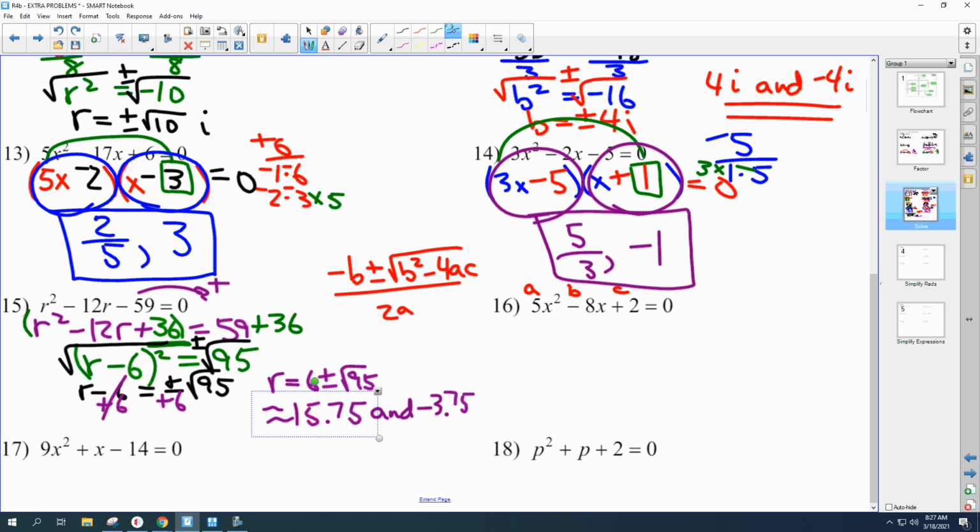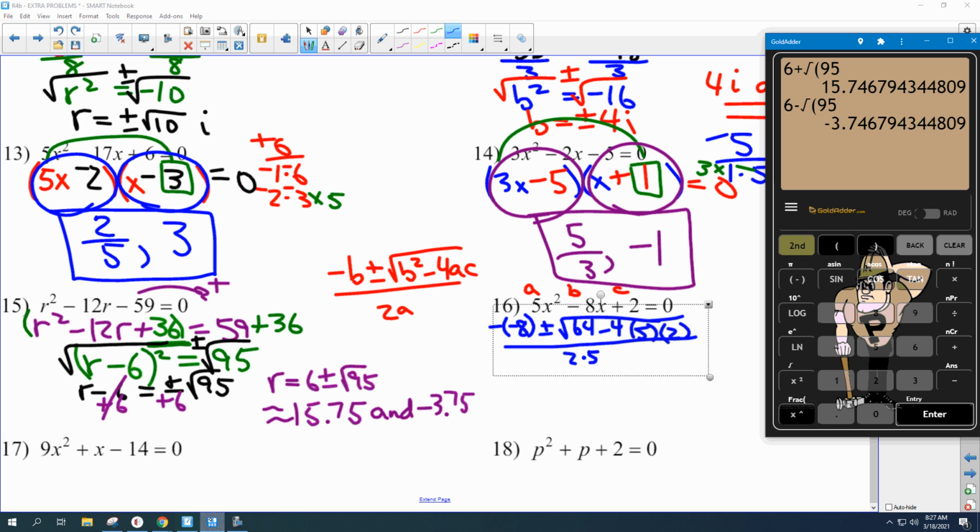All right, so opposite of negative 8, plus or minus square root of b squared, that's negative 8 squared, that's 64. Go ahead and do that in your head, but that's always going to be a positive right there. Minus 4 times a, which is 5, times c, which is 2, all over 2 times a, which is 5.